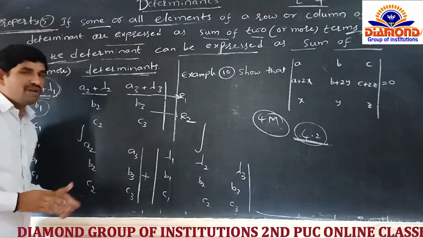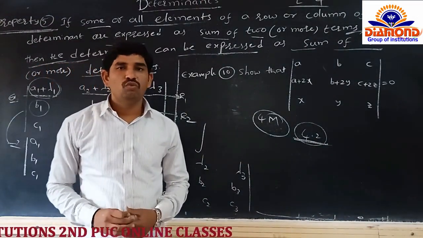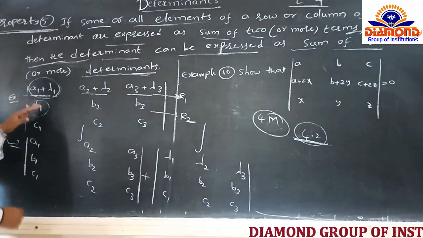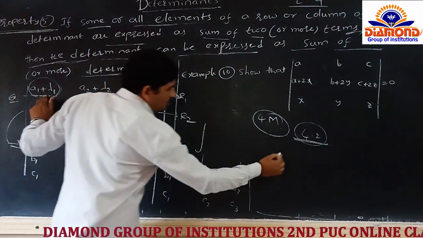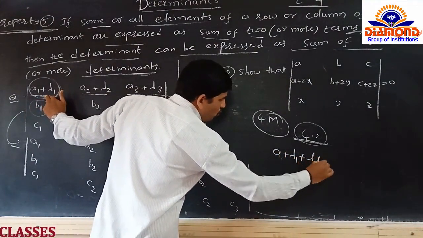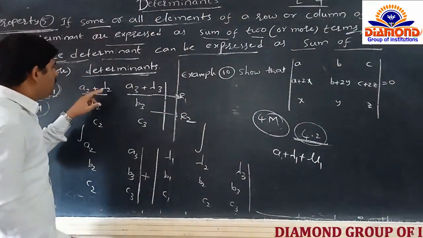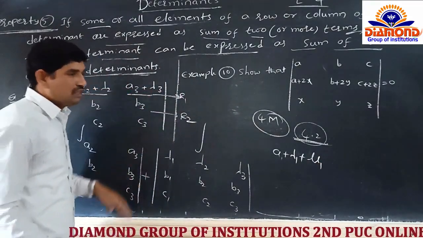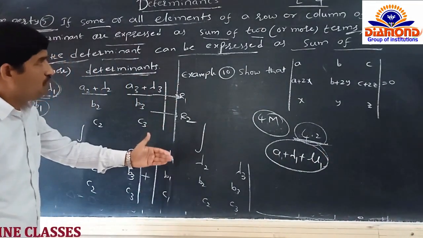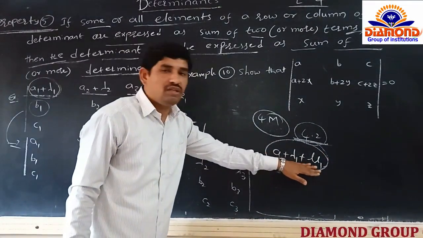Sir, again one of the students will ask a question. What is the question? Sir, suppose in the first element of the first row, we have a1 plus lambda1 plus some value, mu1. Like that, mu1 plus mu2 plus mu3. We are taking the sum of three terms in this.